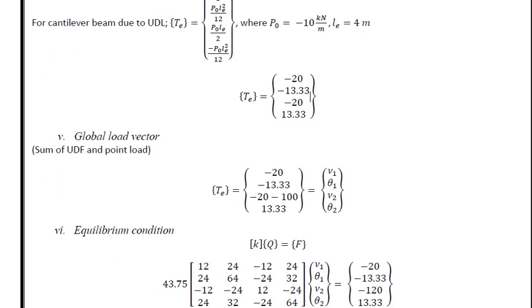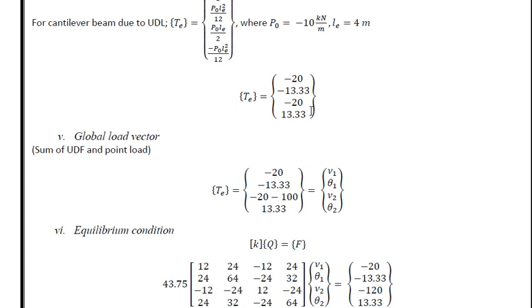Now, we have to add the point load to the given UDL. So the total load vector will be like this. The point load is applied at node 2.